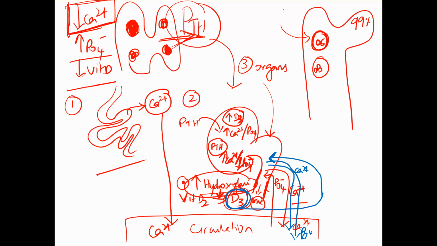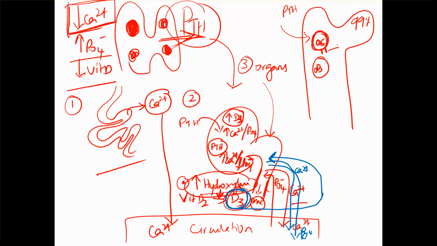So now the parathyroid hormone goes to the osteoclast and makes the osteoclast secrete a special receptor kind of thing called RANK ligand.